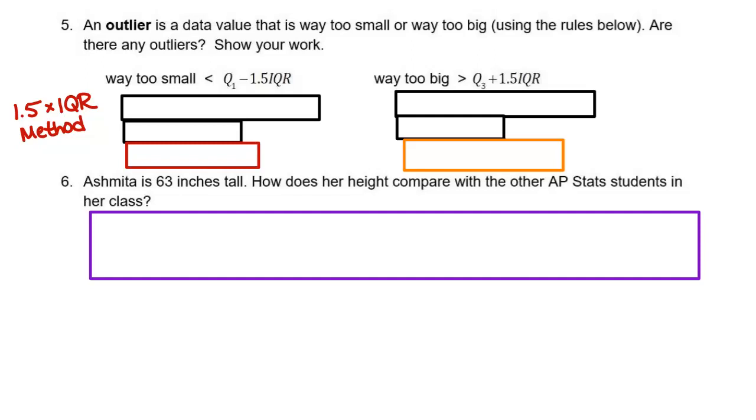What was our Q1 again? And what was our IQR? 5. And we need to do 1.5 times the IQR. So we've got 61.5 minus 1.5 times 5.